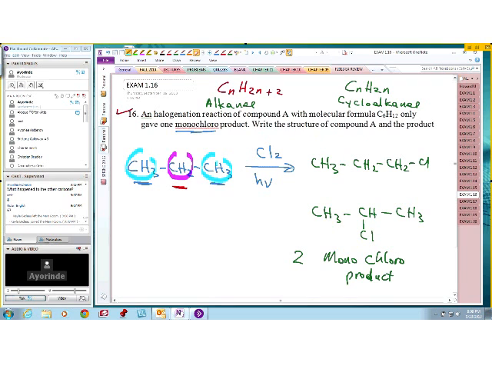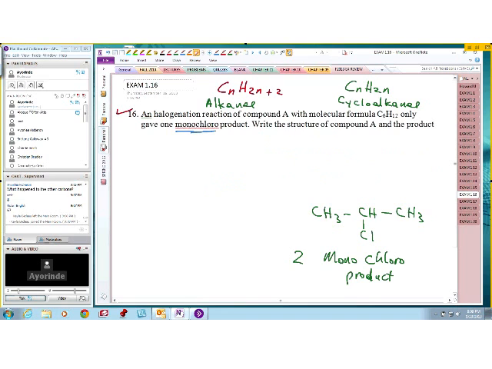So now, having given you that information, they said you have a molecule that has the formula C6H12, and when that molecule reacted with chlorine or bromine, you only get one monochloro product. Can anybody therefore tell me what compound A is?